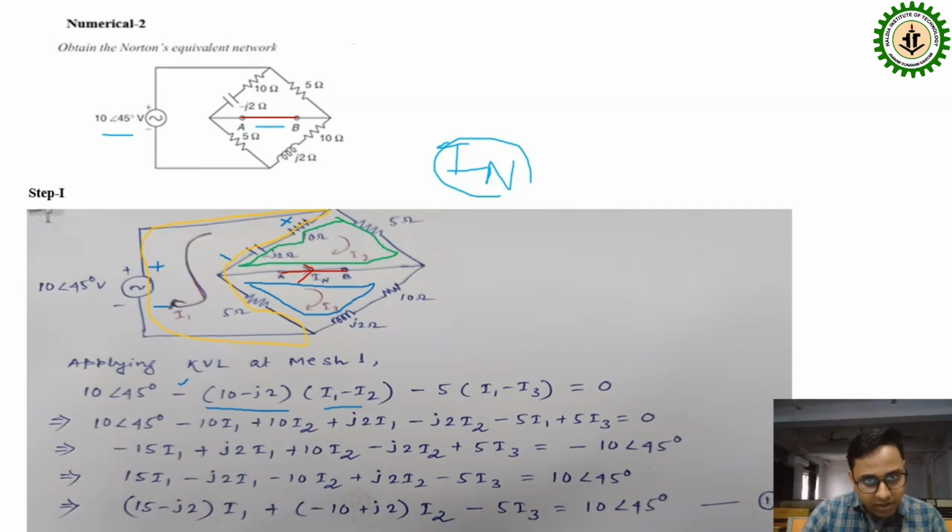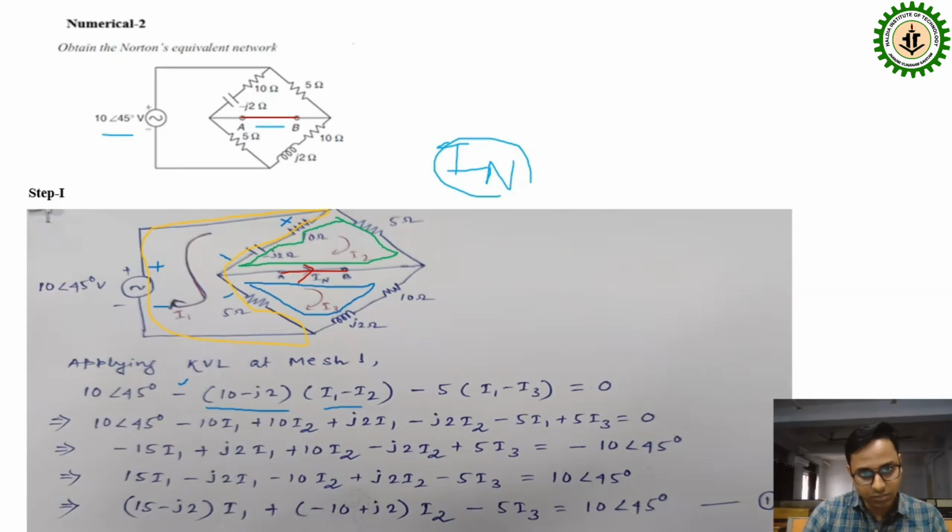So the total voltage drop across this branch is 10 minus J2 into I1 minus I2, and this minus sign is for the drop in potential. Similarly, in mesh 1, the voltage drop across this 5 ohm resistance is 5 into I1 for this mesh, and I3 is also flowing through this resistance, so the resultant current is I1 minus I3. The voltage drop across this is 5 into I1 minus I3.